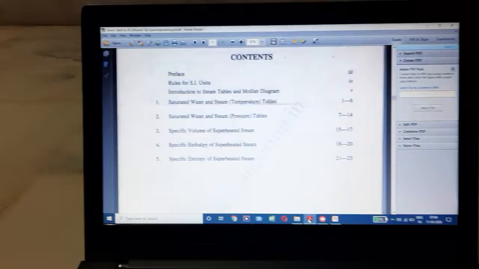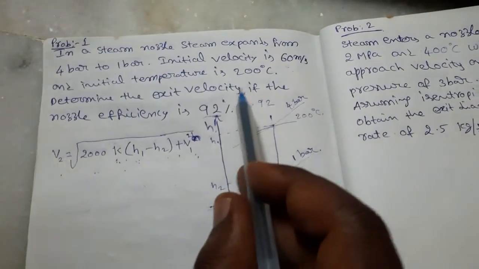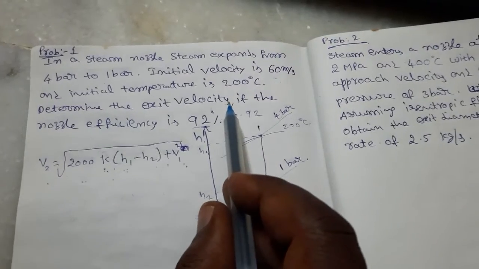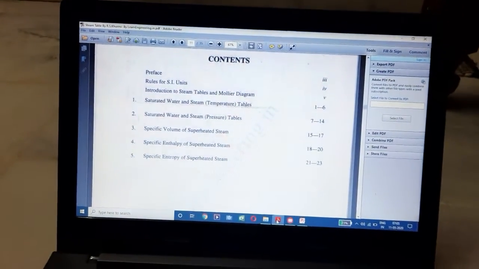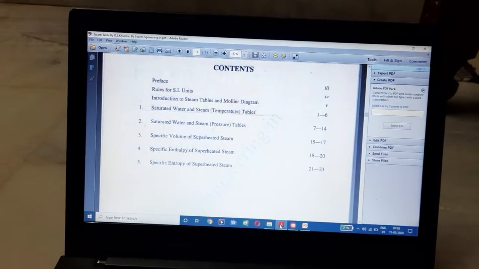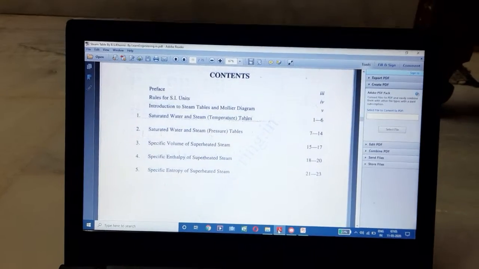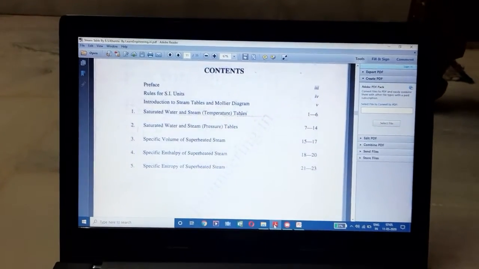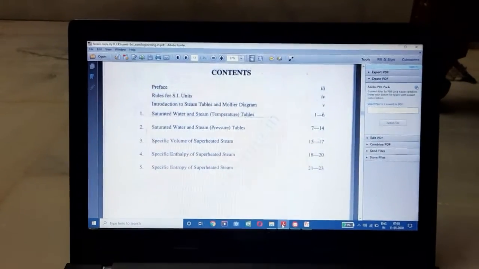Based on the data, it is 200 degrees Celsius, so it is superheated steam. For the specific enthalpy of superheated steam, that is page number 18 to 20.